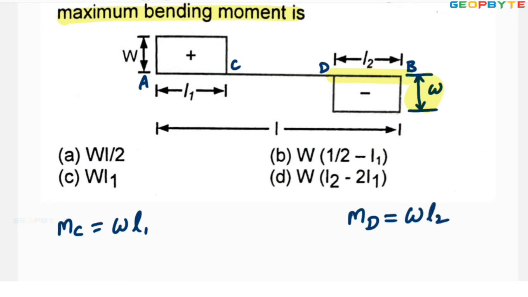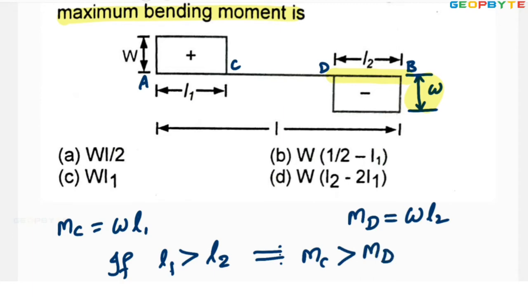Since the relation between L1 and L2 is not given, remember, if L1 is greater than L2, then I can say that bending moment at C is greater than bending moment at D. But look at the options. First option is WL by 2. It is not at all correct.